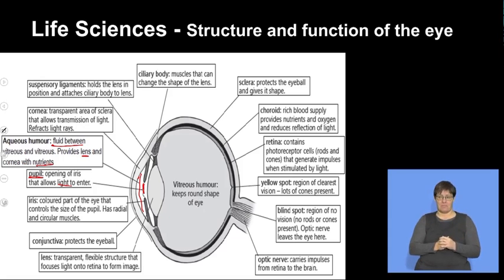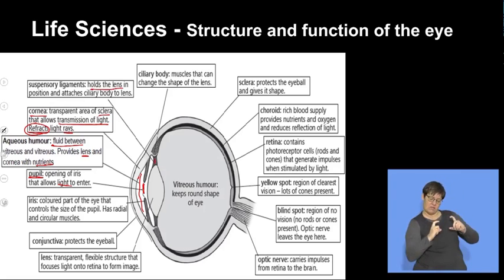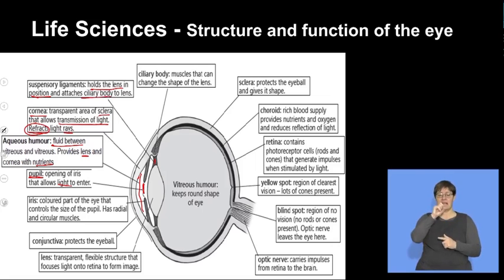The next part, we are checking the cornea. Cornea is the transparent area of the sclera, and it allows transmission of light. Again, it refracts light rays. We go to our ligaments here, which are called the suspensory ligaments, that hold the lens in the correct position, and they are attached to the ciliary body.